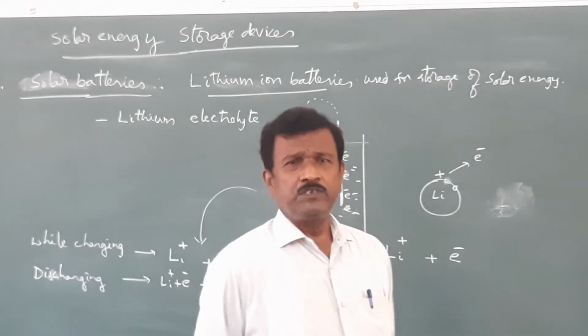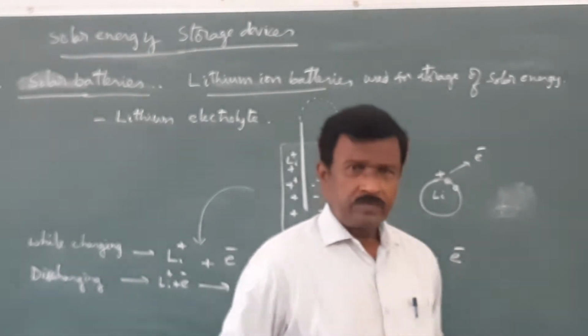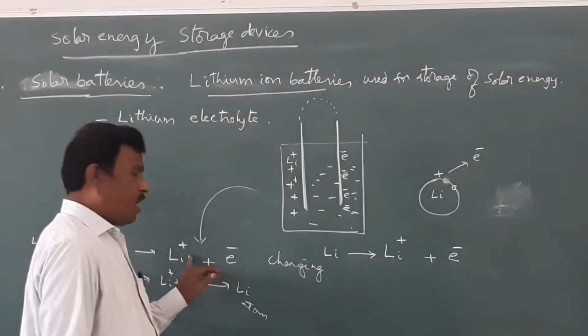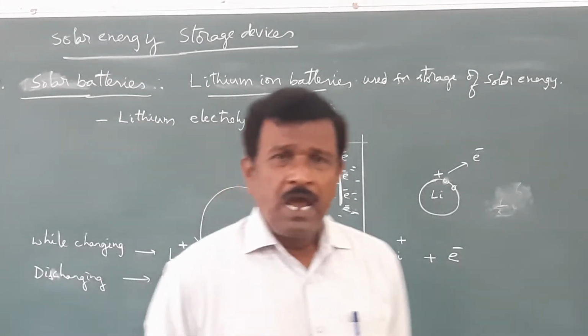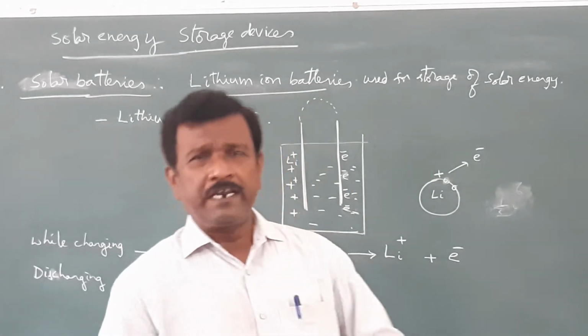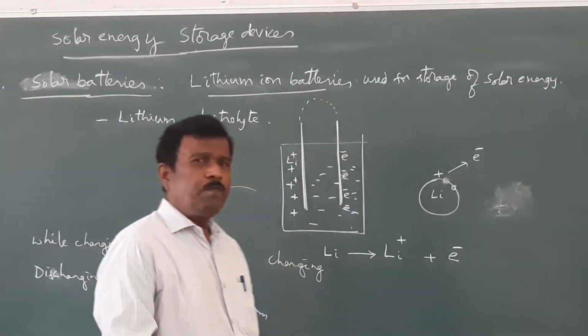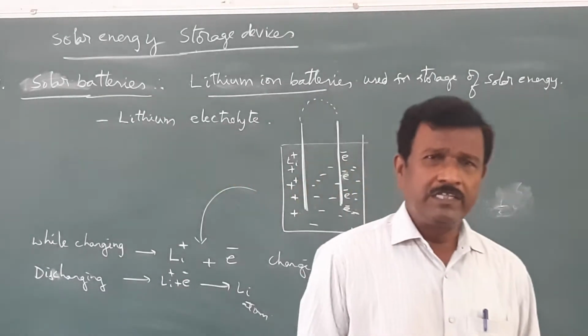Even 1,000 times, 2,000, some thousands of times you can charge and discharge these batteries. But as you go on utilizing these batteries for a long time, there will be some leakage of lithium ions.